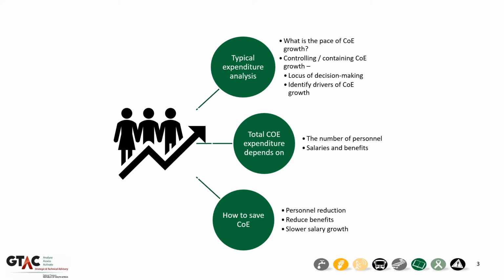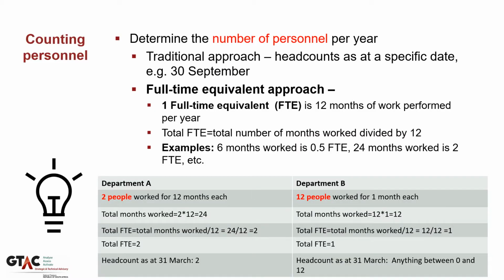So, personnel analysis aiming at finding savings will focus on two main components, namely personnel reduction and salary growth reduction. A fundamental concept in personnel analysis as we do it in the spending reviews is full-time equivalence.